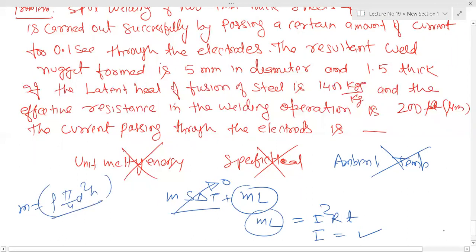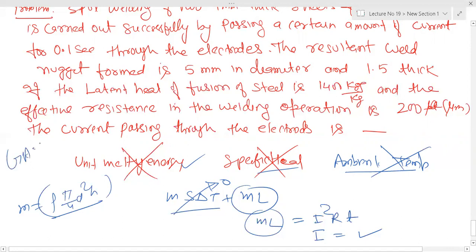Unit melting energy, specific heat and ambient temperature are not given. You cannot assume, right? So you have to solve with the given data.